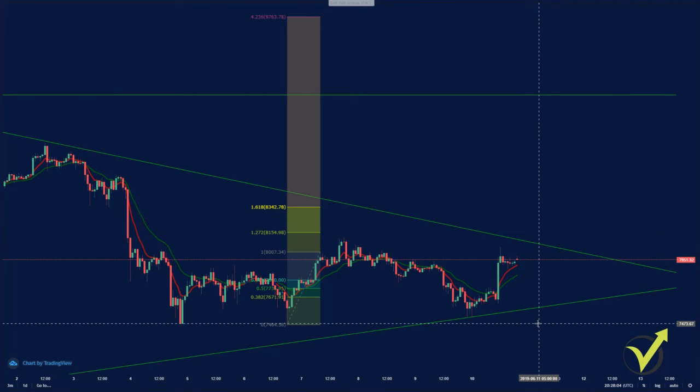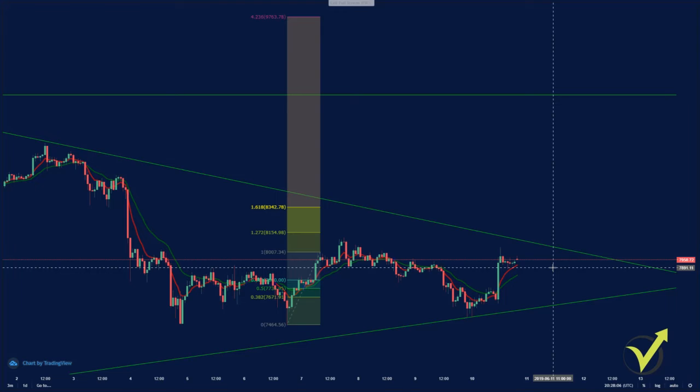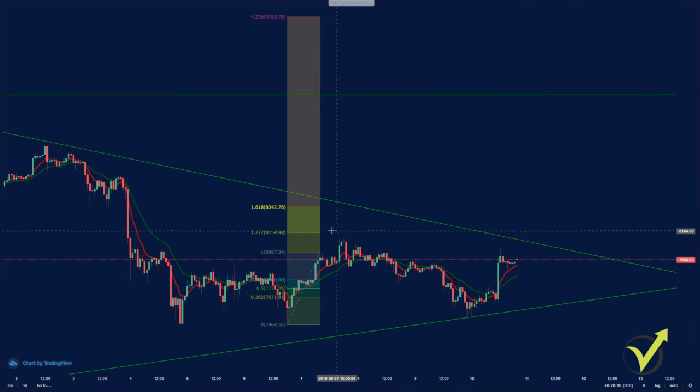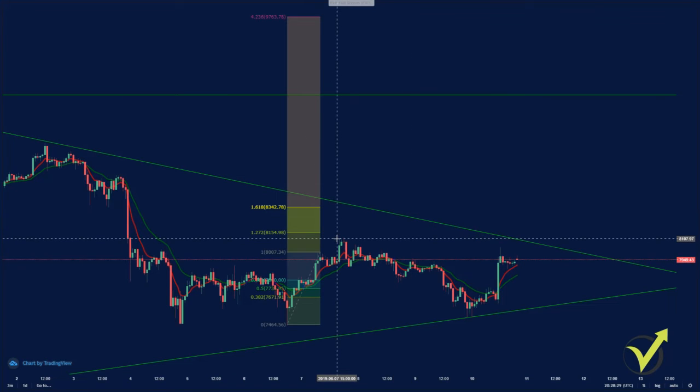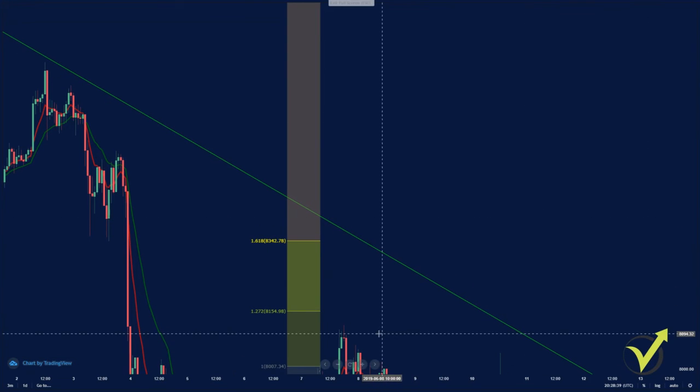Now the third entry is with 50%, and it comes on the break of the recent high, which at this point is this one over here. Alright, so when the price breaks this level here of 8,116 or something like that, I will zoom in a little bit to see exactly where the level is.